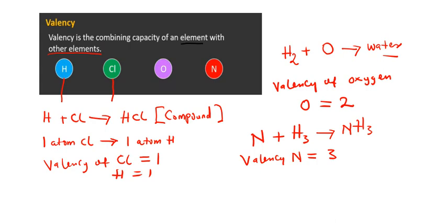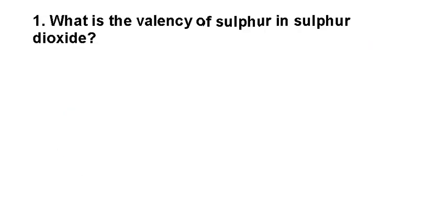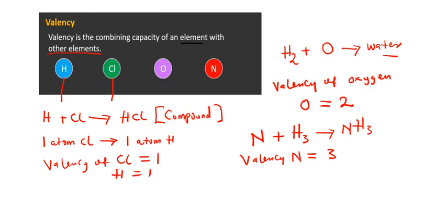So let's look at molecules of compounds.